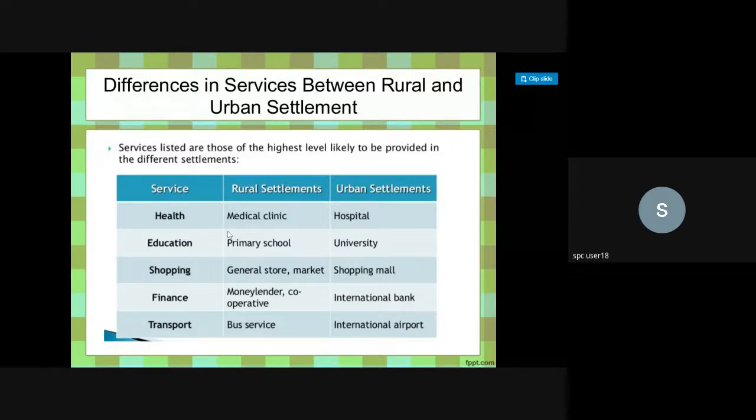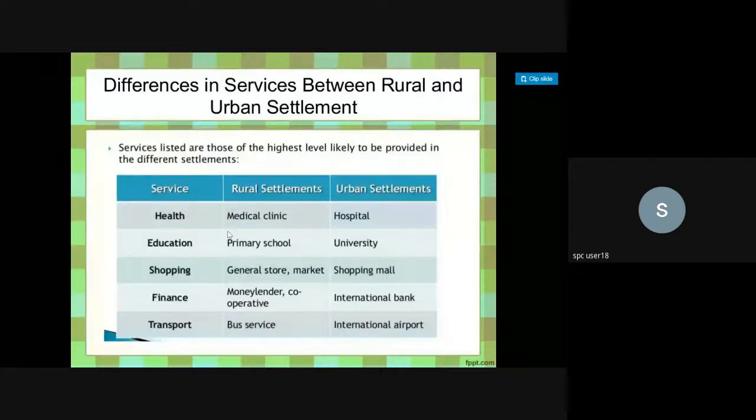As far as settlement is concerned, leave aside a rural international airport, it would be difficult to find one in such areas. Bus services, that too not very frequent, would be found in these. Now, for local transport in urban areas, they would have a local transport system. We have the PMPML in Pune.